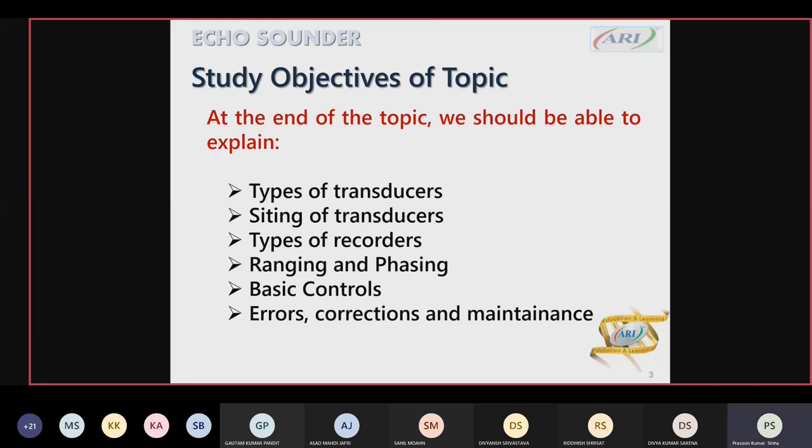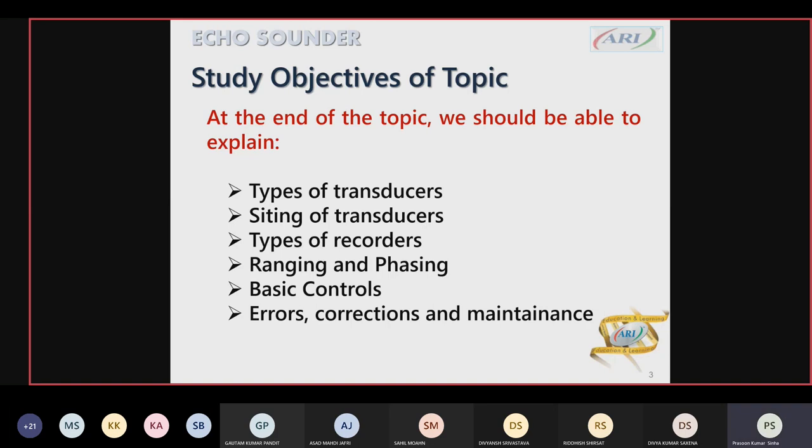Then there will be errors of the echo sounder. Why can there be error in the echo sounder? We'll see that. Then some corrections when we are reading the depth on screen, maybe digitally displayed in digits also.